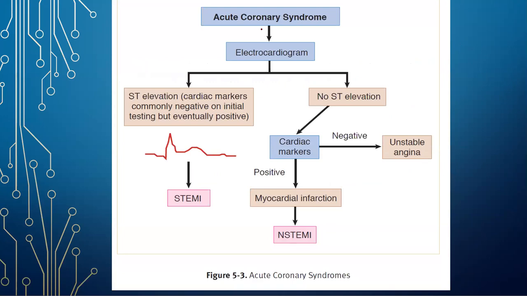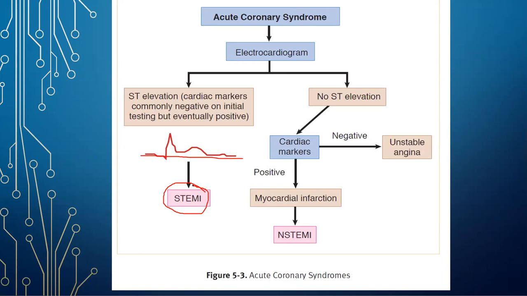Now we discussed this flow chart already. If any patient presents to you with acute coronary syndrome-like features, you do an ECG. If there is ST elevation, see, this is the baseline, and now this ST segment is elevated. So it's an ST elevated MI.